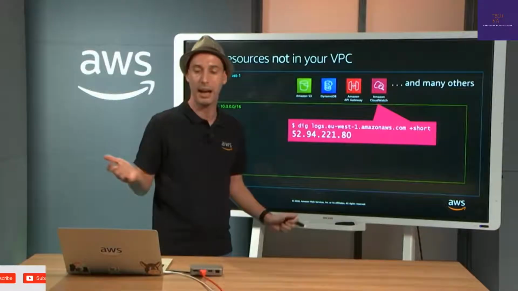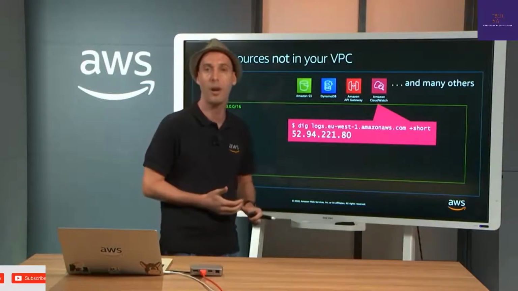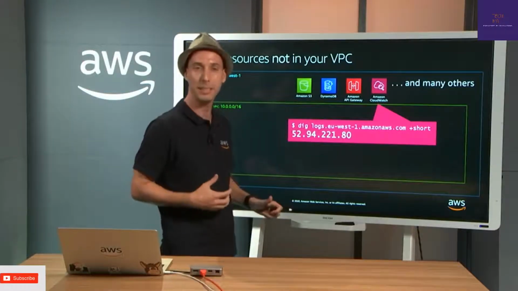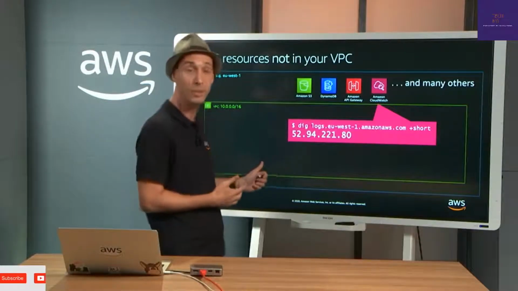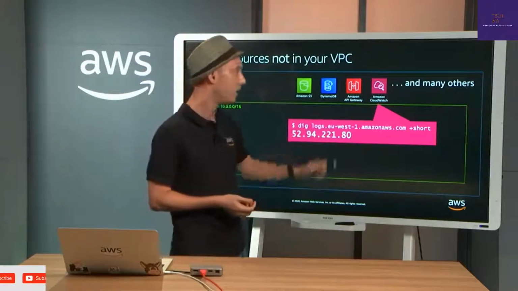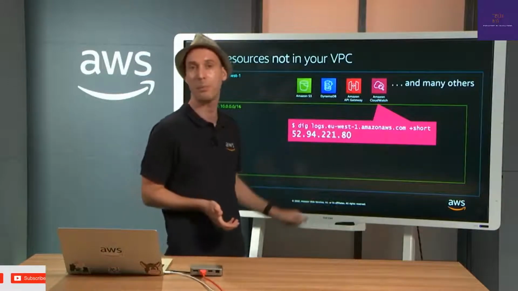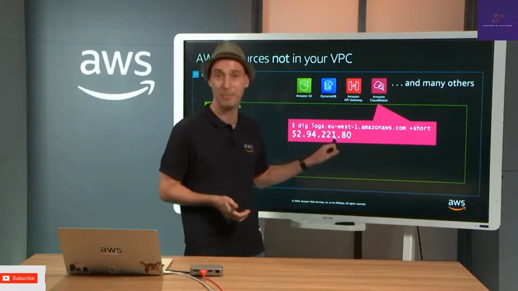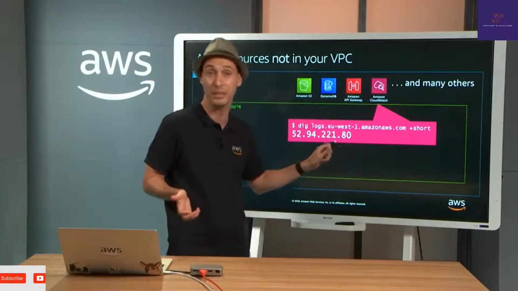So what if I want my resources inside my private subnet to not need access to the public internet in order to route to that IP address to talk to these other services, right? How can I do that?